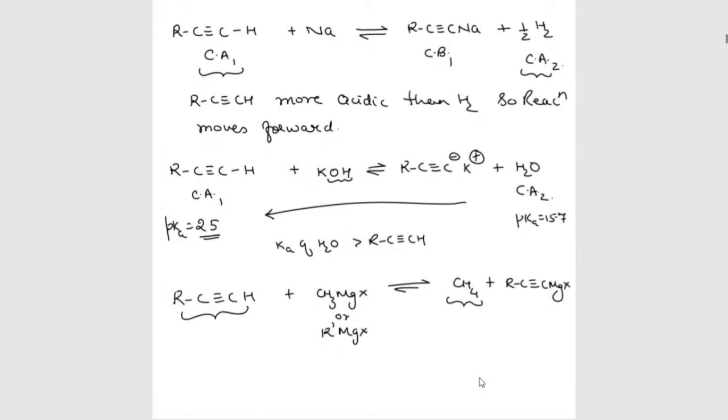We have already compared the alkane series, but to be specific, pK of methane is around 48 or further. This is 25. So again, as you can see, this reaction will move in the forward direction as methane is the weaker acid.